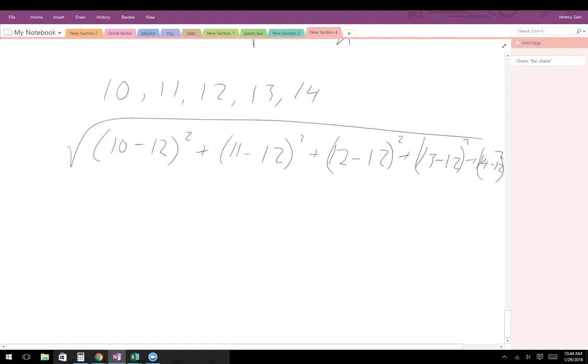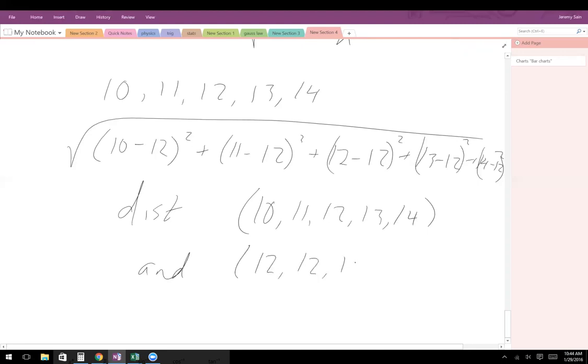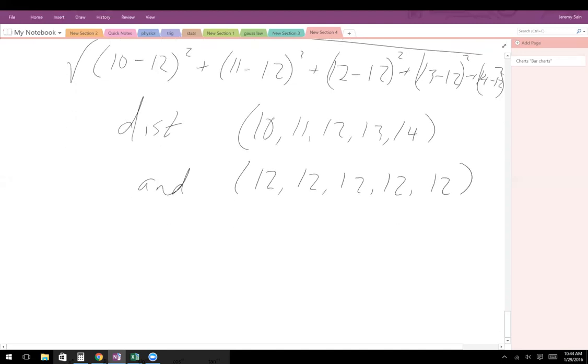All that is just the distance, like back in algebra, between the point 10, 11, 12, 13, 14, and the point 12, 12, 12, 12, 12. It's kind of the Pythagorean theorem on steroids because there's 5 of them, but it's just subtract all the x's, the y's, the z's, the w's, and the q's, whatever they are. Subtract them, square them, add them up, take the square root.